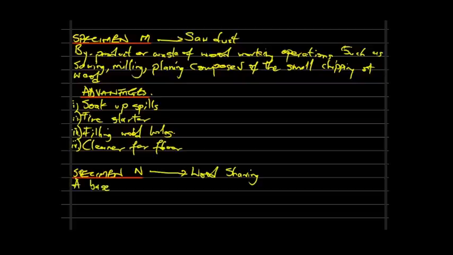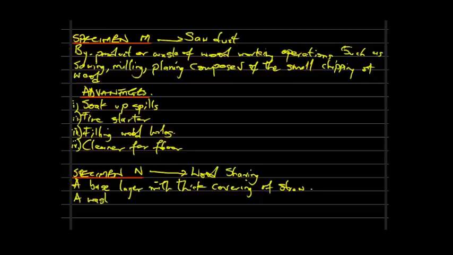So we said that it is a base layer with thick covering of straw. It is a waste that is obtained when wood is shaped or planed.